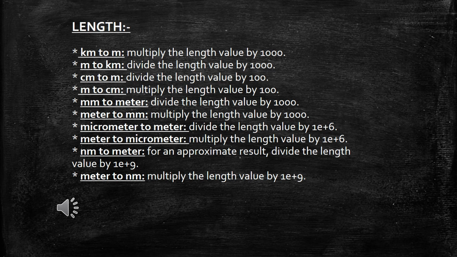When the length is given in nanometers and you have to convert it into meters, you divide the length value by 10 exponent 9. And when the length is given in meters and you have to convert it into nanometers, you multiply the length value by 10 exponent 9.